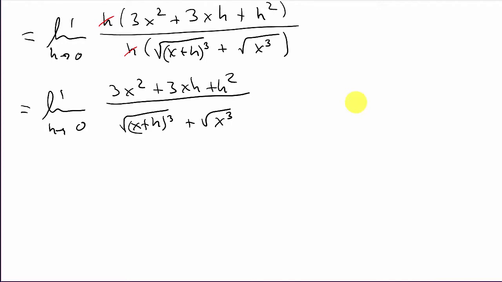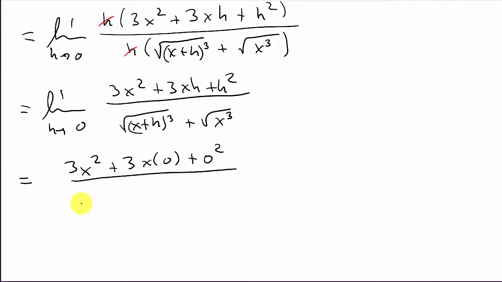Now we plug in 0 for h, so that is 3x squared plus 3x times 0 plus 0 squared over the square root of x plus 0 cubed plus the square root of x cubed.